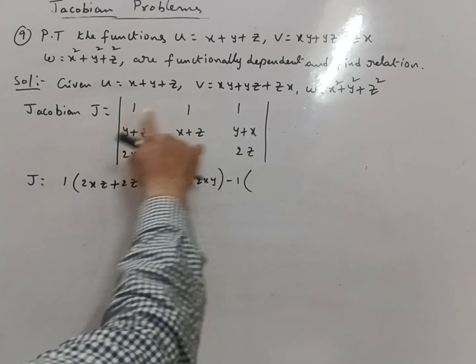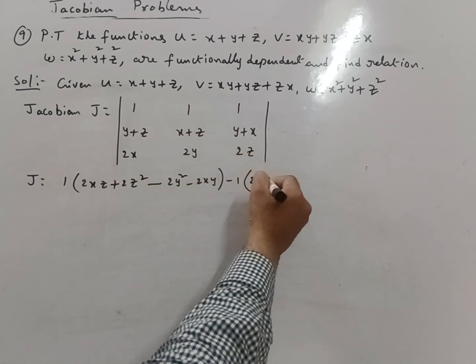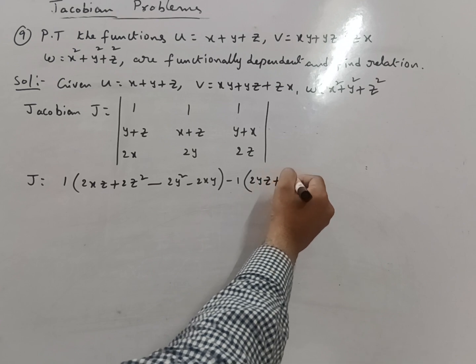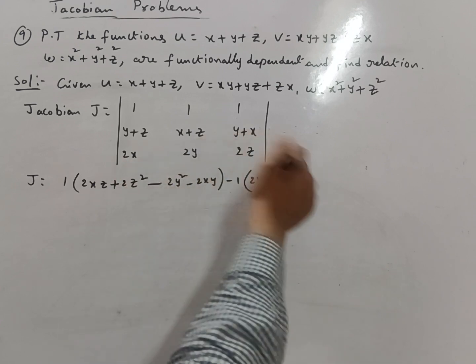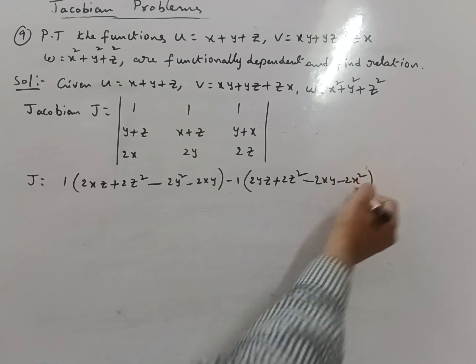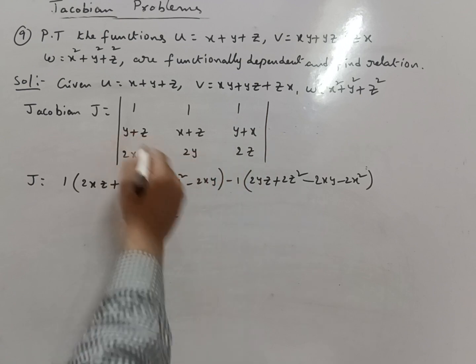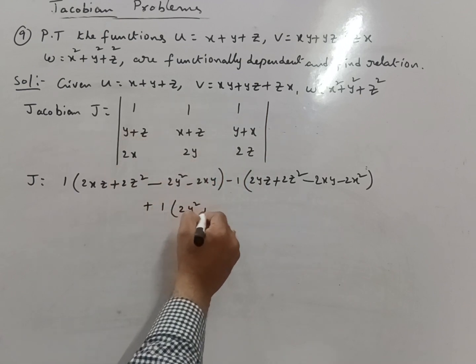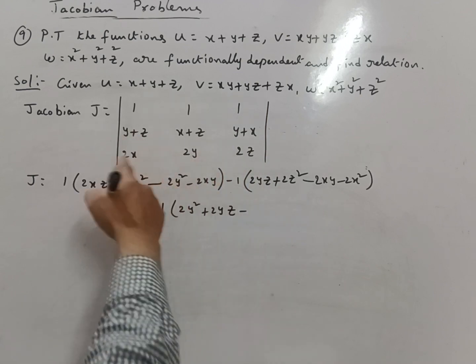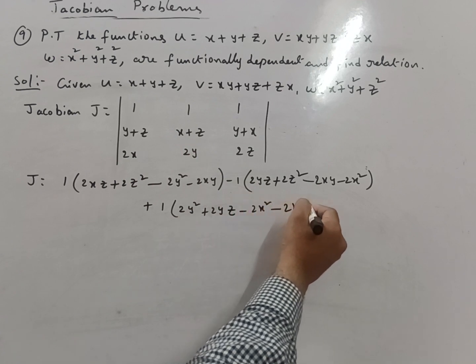Minus 1 into (2yz + 2z²) minus (2xy + 2x²). Plus 1 into (2y² + 2yz) minus (2x² + 2xz).